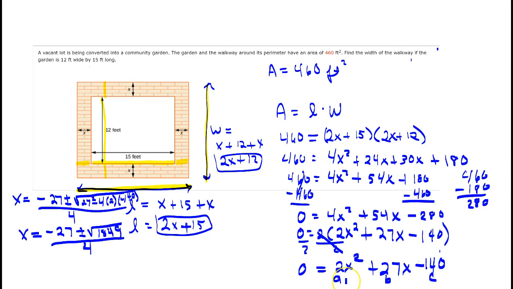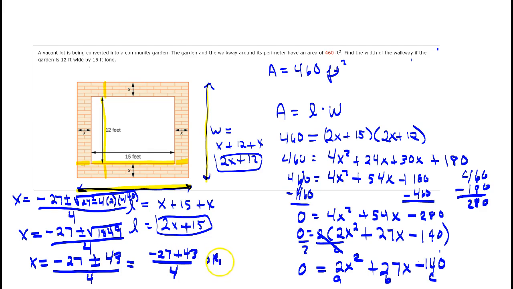All right, so we found out that the square root of 1849 is 43, and that's all over 4. Break this into 2 separate: negative 27 plus 43 over 4, or negative 27 minus 43 over 4.